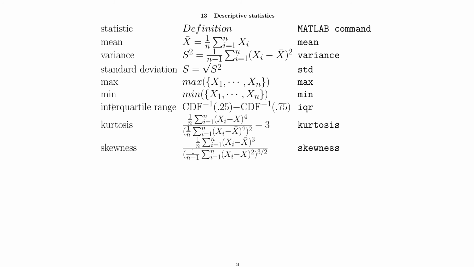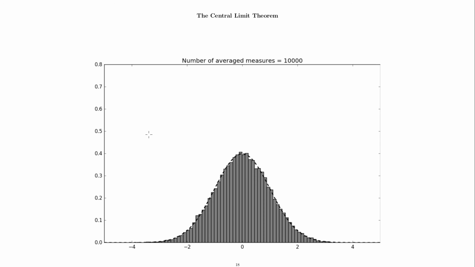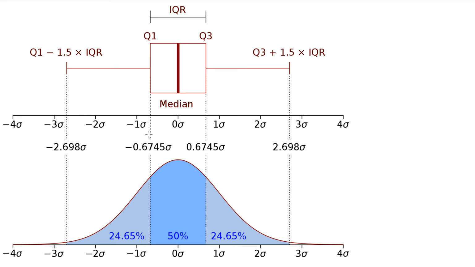So now let's look at interquartile range, kurtosis, and skewness. The visual representations for these are here. This is interquartile range, IQR, up here. The way it is defined is that, in the cumulative distribution function, 25% of the probability lies over here and 75% of the probability lies here.